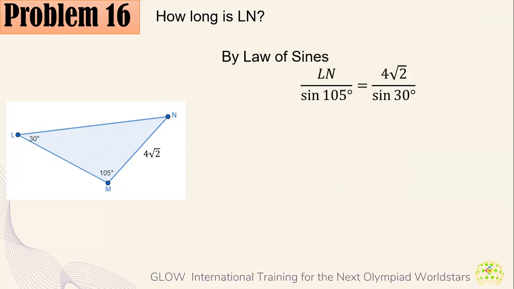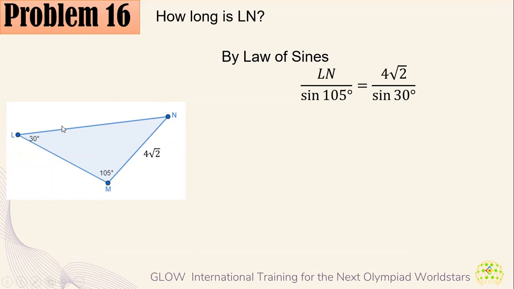What does the law of sines mean? The ratio of a side and the sine of its opposite angle of any triangle is equal to the ratio of another side over the sine of its opposite angle, and so on.